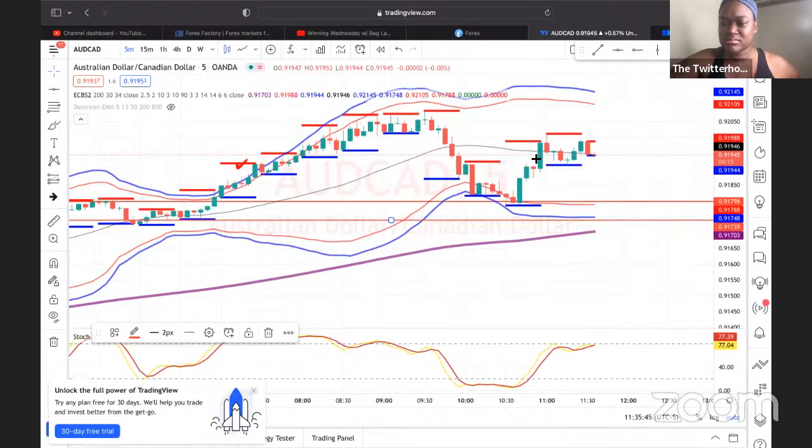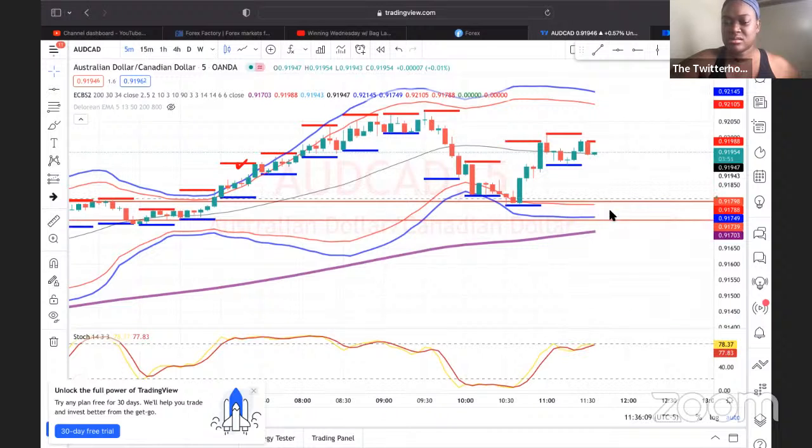Actually, this middle line can act as a support. So price could actually turn around here, but I would take a tiny risk trade. My ideal price would be down here, 798. So I'm just gonna set an alert down here. So that's for a bullish idea.